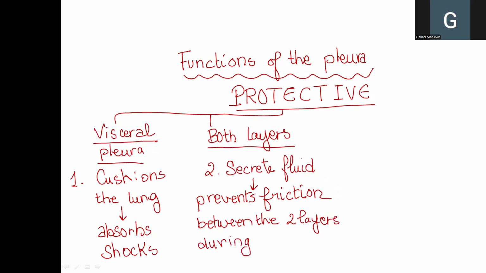And by lung movements, I mean inhalation and exhalation. Of course, there is another structural adaptation that is related to both layers, which is that both layers are smooth. And when both layers are smooth, this also prevents friction between the two layers.